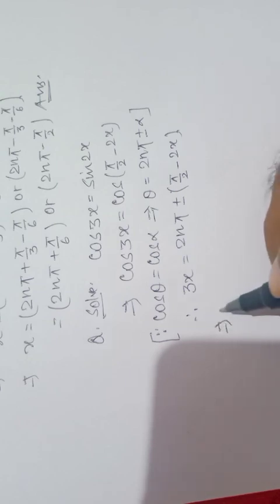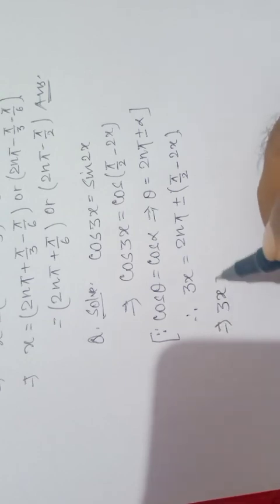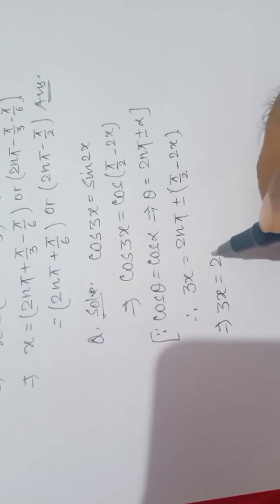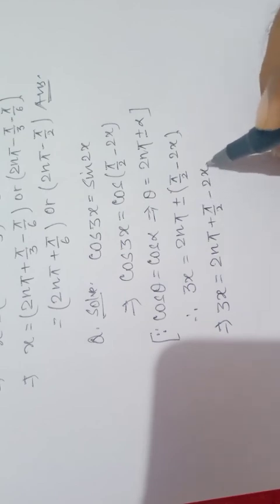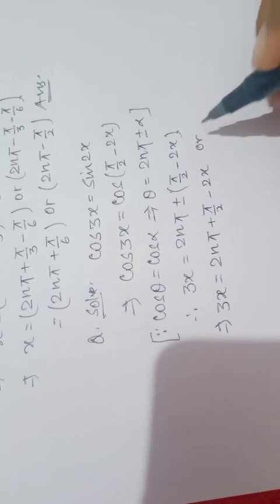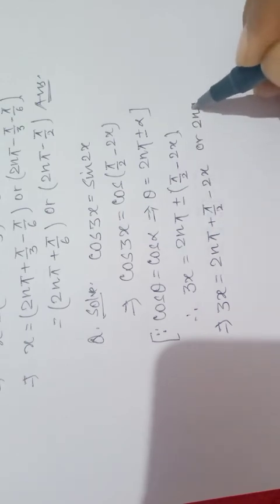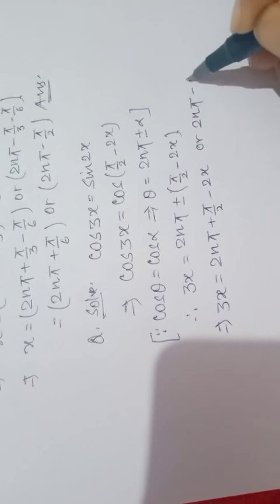So 3x should equal 2n pi plus pi by 2 minus 2x, or 2n pi minus pi by 2 plus 2x.